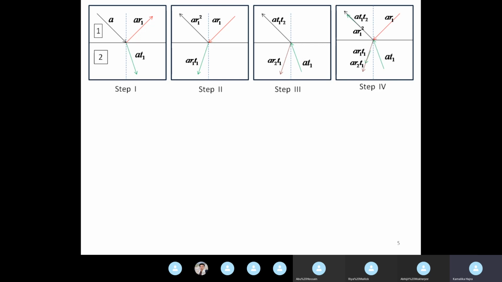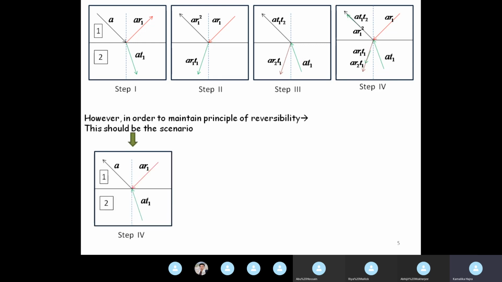The reflected ray is partly reflected, partly transmitted, and this transmitted ray, the new incident ray, is also partly reflected, partly transmitted. To maintain the principle of reversibility, so that this picture is the opposite of the first picture, we just need to change the direction of the arrows. That is what the principle of reversibility of light says.